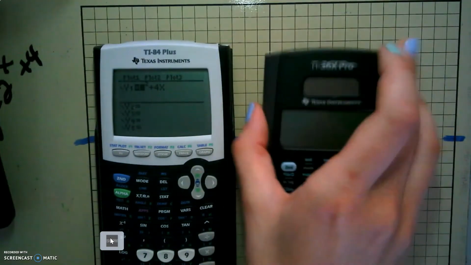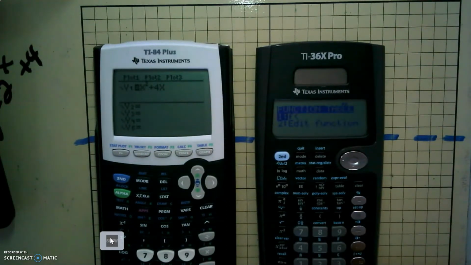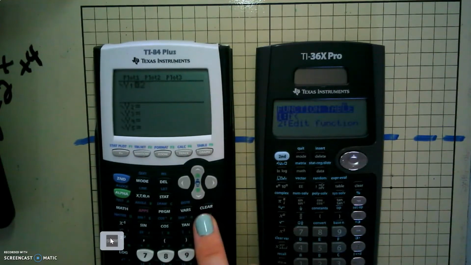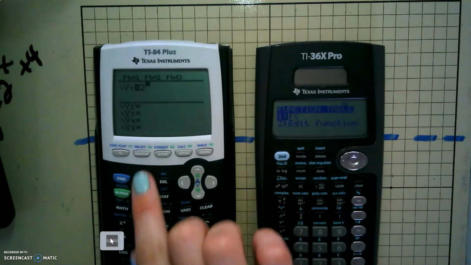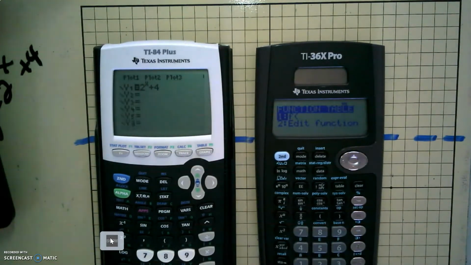If you have a scientific calculator, you go to your table function. I'm going to clear out my function. I'm going to write 2 raised to the x plus 4. Enter.